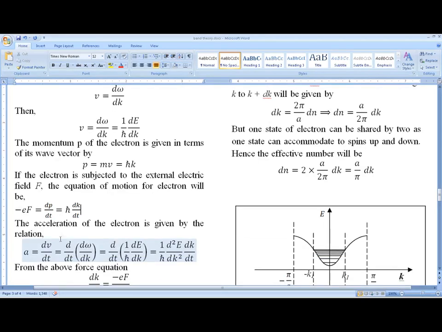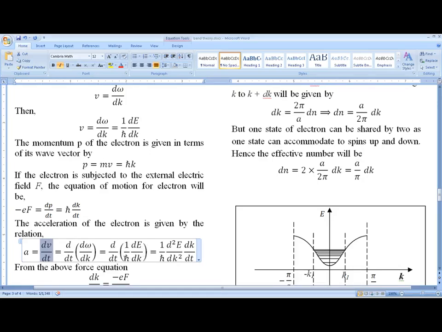Now coming to the acceleration of this electron. Acceleration is the rate of change of velocity, the rate of change of group velocity in this case. So dv by dt, and in place of v we can replace d omega by dk, or write d omega as 1 by h cross dE, so this becomes d by dt of 1 by h cross dE by dk.